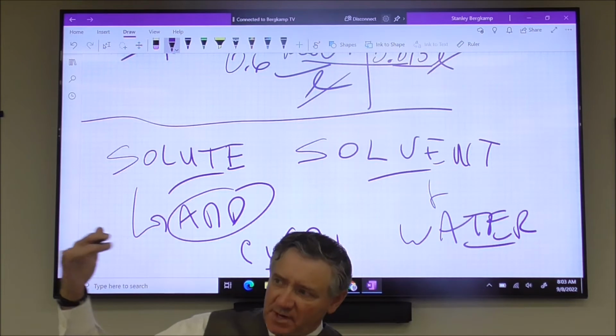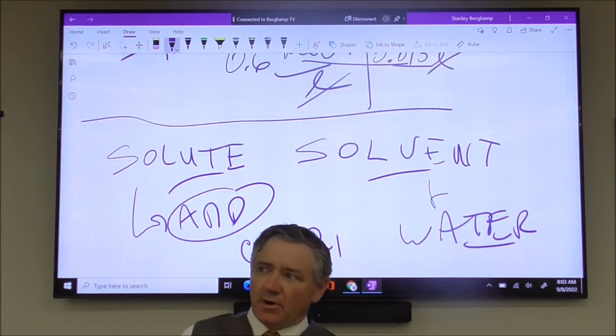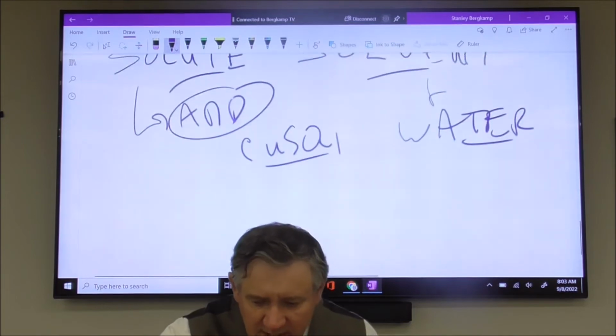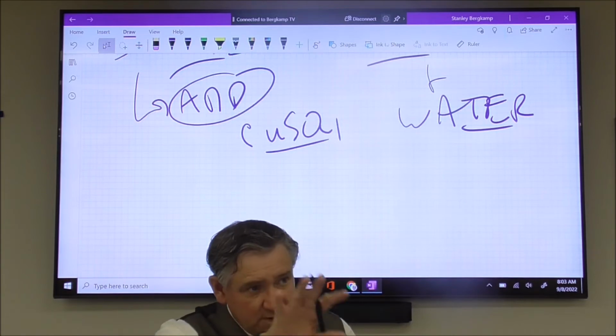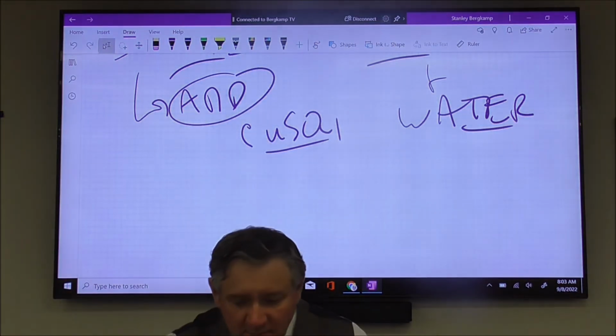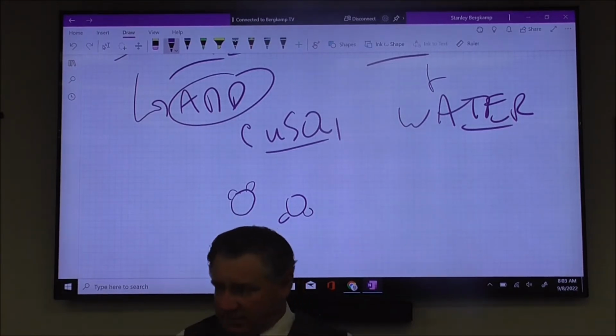Now, the other thing that you got to be able to do, and we've done this, is draw what's called a particle view. So if I said, hey, draw a particle view of what's happening in the lab that you all just did. If you want to draw the water molecules as little Mickey Mouse people, okay, because it's an oxygen and two hydrogens.